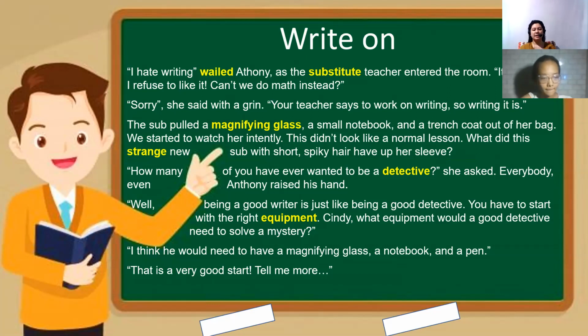A small notebook, a magnifying glass, and a trench coat out of her bag. And then they started to watch her intently. It didn't look like a normal lesson. So it came up to their mind, what did this strange new sub with short spiky hair have up her sleeve? And then when the teacher asked, how many of you ever wanted to be a detective? Then everybody, even Anthony, raised his hand. And then the teacher said, being a good writer is like being a good detective.